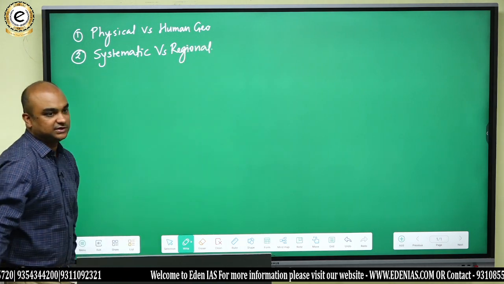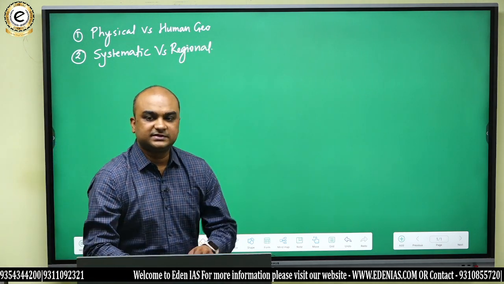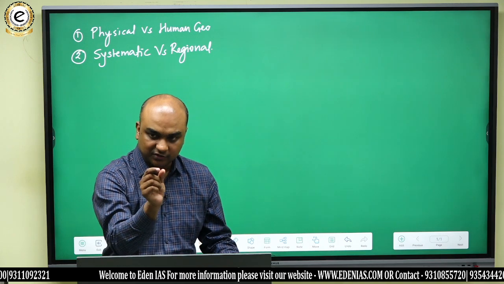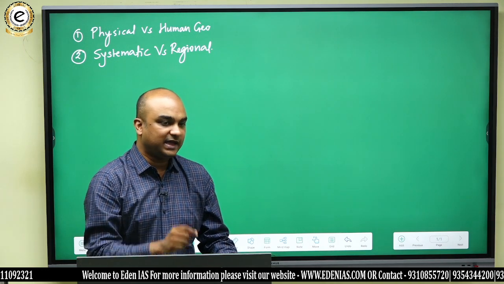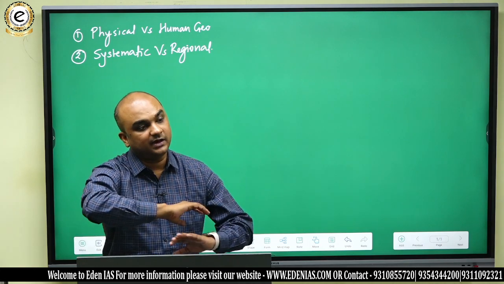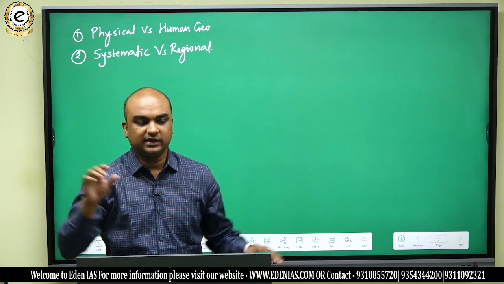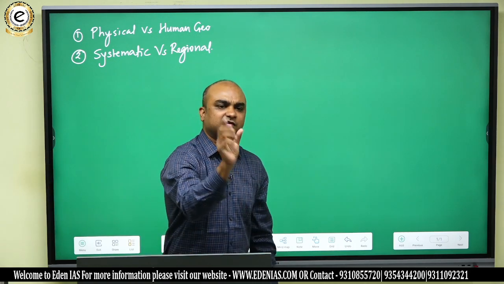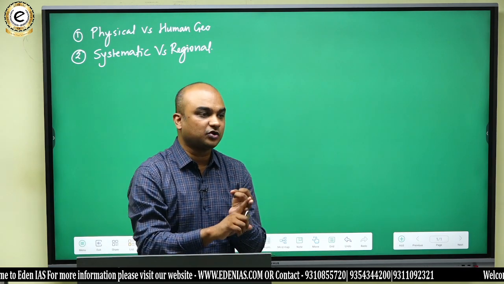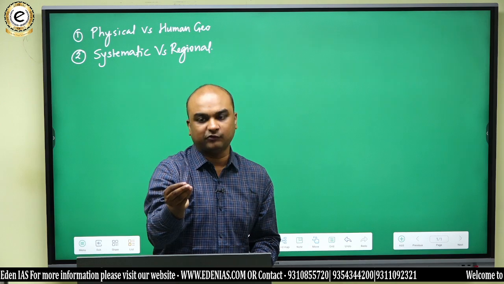Now try to understand this carefully. Systematic geography means we take one geographical variable and we try to take that variable across the map. For example, any one geographical variable could be a natural geography variable or a human geography variable. Say, rainfall. What do you think?